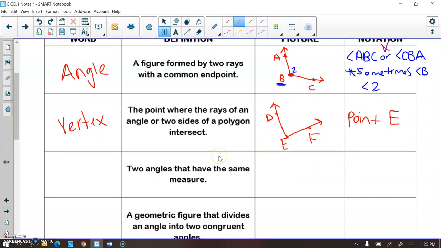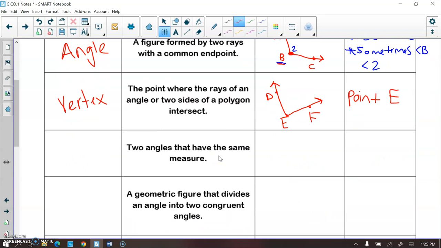Okay. Next, two angles that have the same measure. Just like two segments that have the same measure, two angles that have the same measure are called congruent angles. And remember, with congruent segments, we put tick marks to mark that they are congruent.